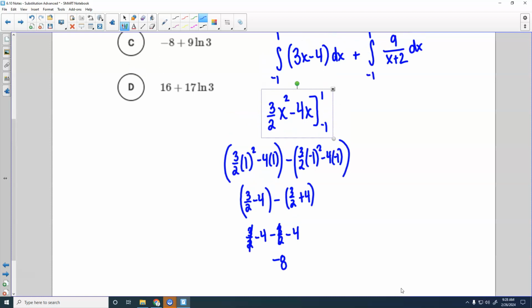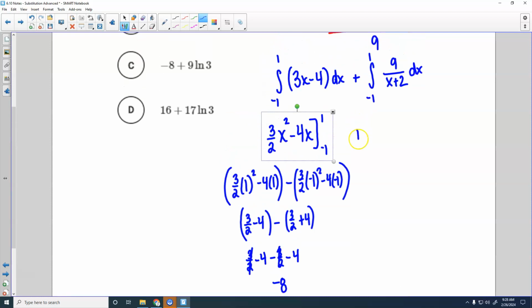All right, now let's go over here and work with the second part. You're going to have to use a u-du substitution on this. What would the u be? x plus 2. So du is just 1 with a dx there. That 9 is in the way, so I'm going to pull it out front.